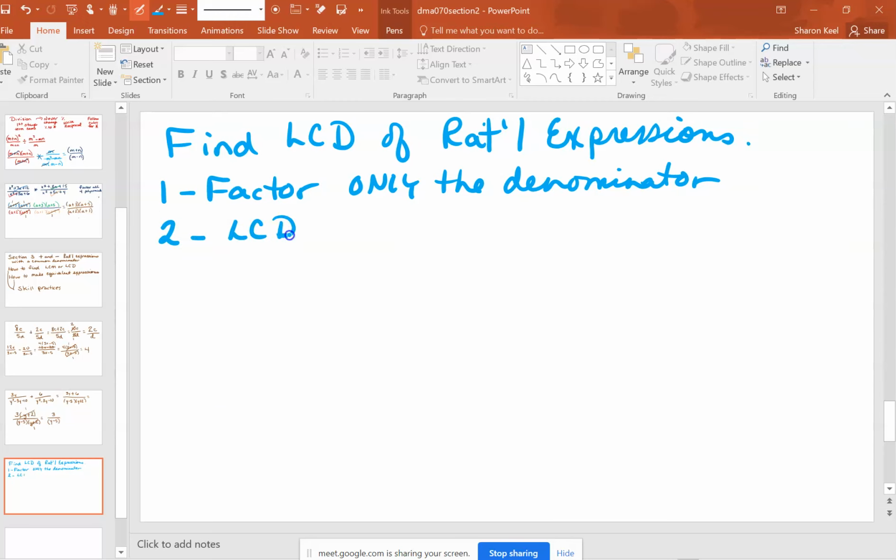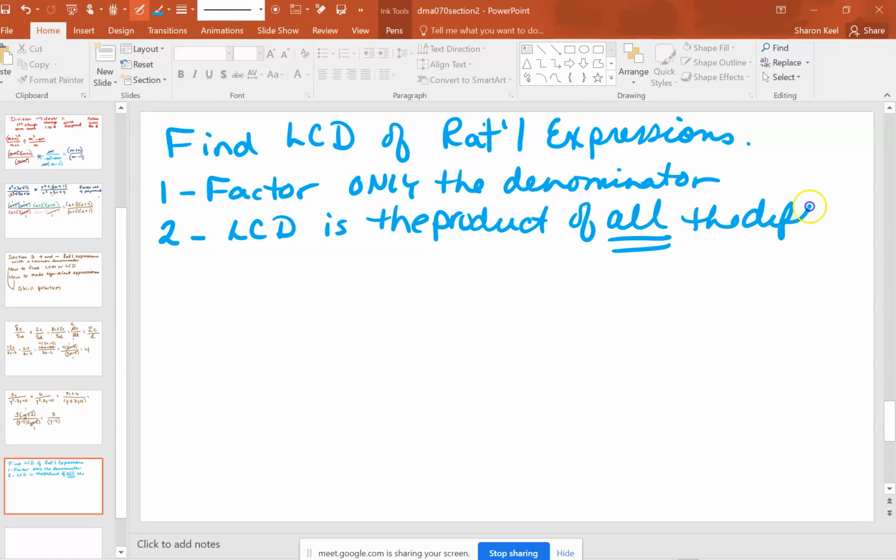The LCD is the product of all the different factors.